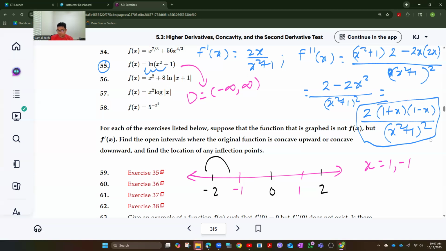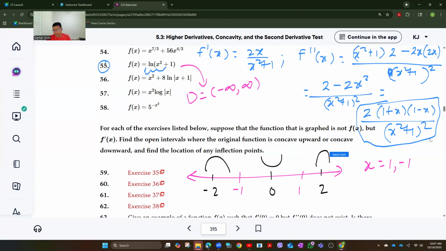At 0, 1 plus 0, 1 minus 0, positive. So it will be concave up. And at 2, 1 plus 2 will be positive, 1 minus 2 will be negative. So concave down. Sorry, I should have drawn that concave down this side.